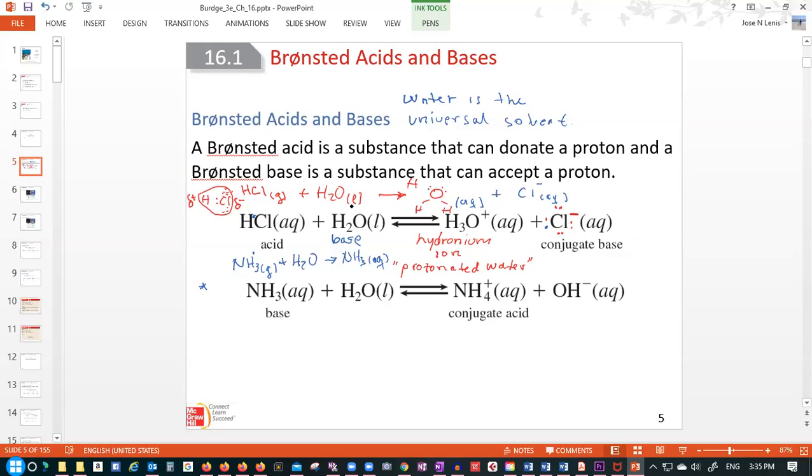Let's do the same analysis, but this time using ammonia. So we already have the aqueous solution of ammonia, dissolving the gas into water. So we collect the gas in water.